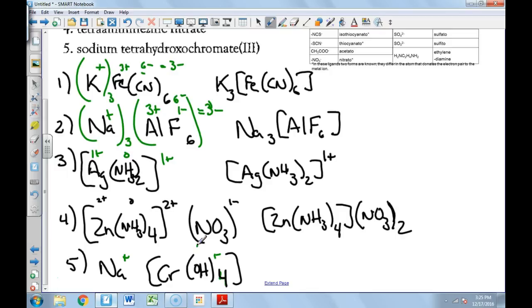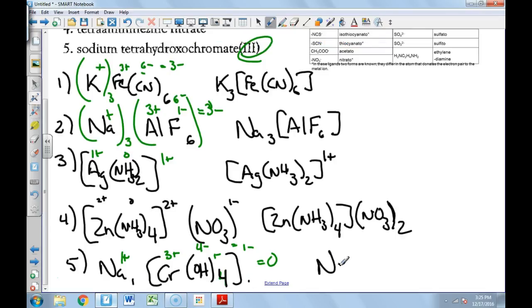There's 4 of them, so this is a 4 minus. But chromium here is a 3 plus. So 3 plus and 4 minus equals, for this ion, a 1 minus. Well, sodium is a 1 plus, this is a 1 minus. So that is a neutral with just one of these and one of those.